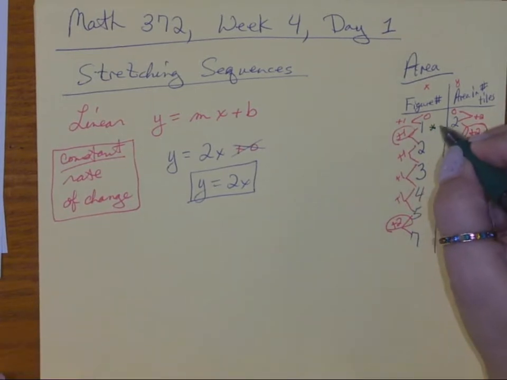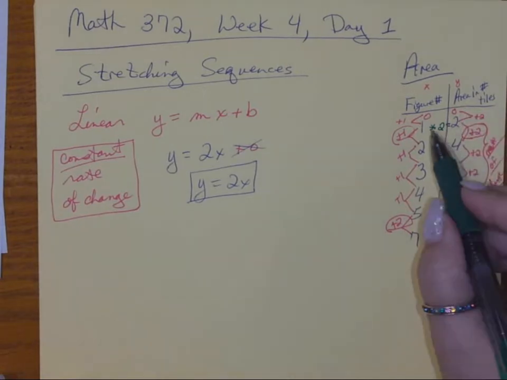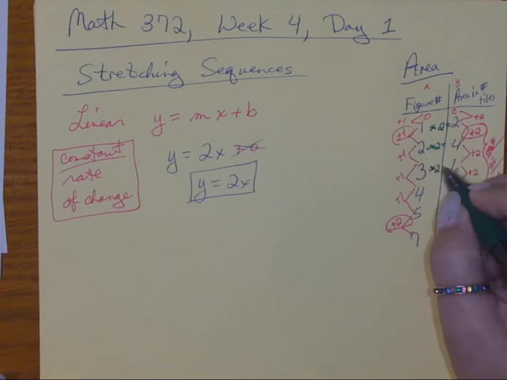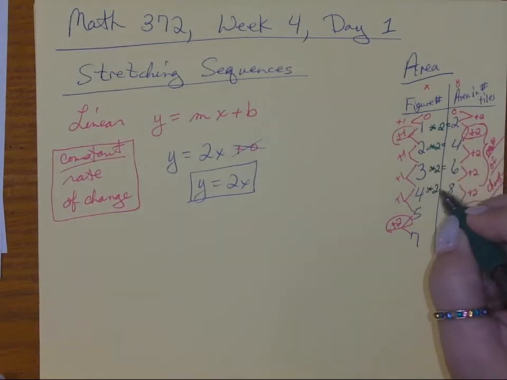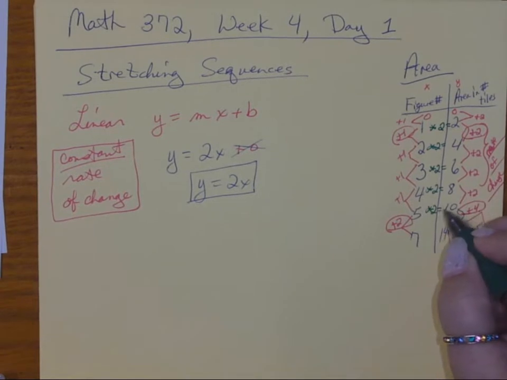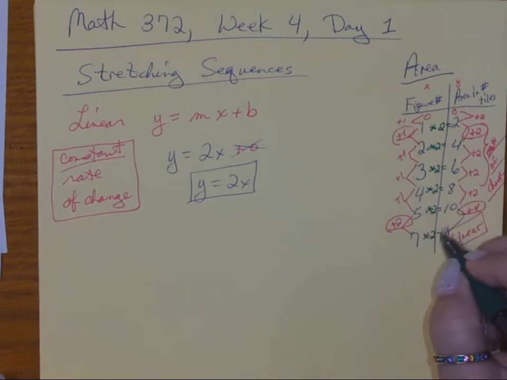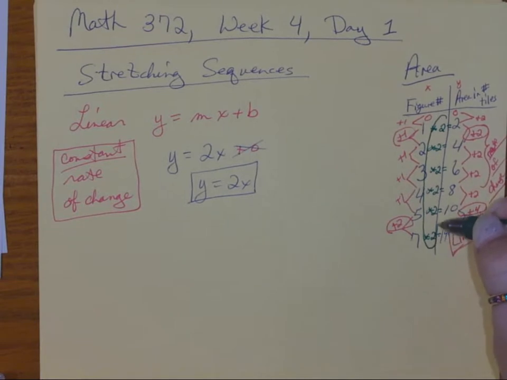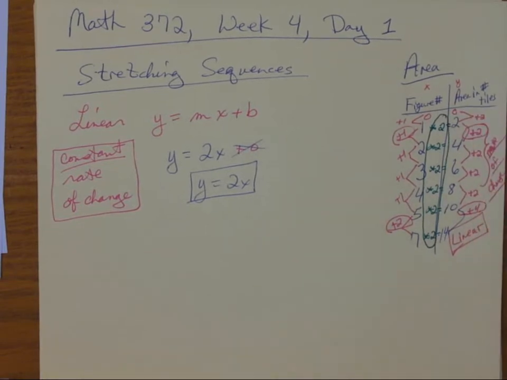So we could have come across this way. 1 times 2 gives me 2. 2 times 2 gives me 4. 3 times 2 gives me 6. And whenever I can see that, I know that's just multiplicative. I see what I'm going to end up with as my slope, so I can just go ahead and stick that in there whenever I know it's a times 2.